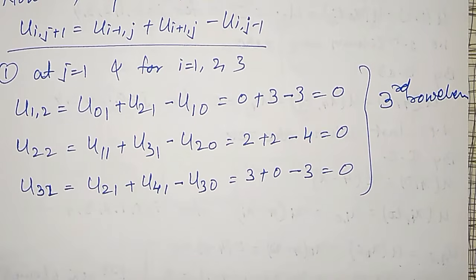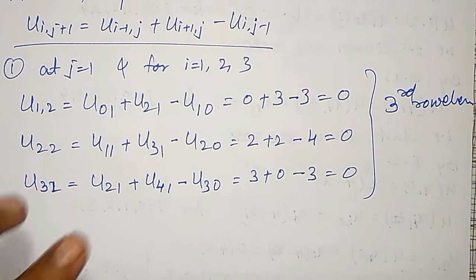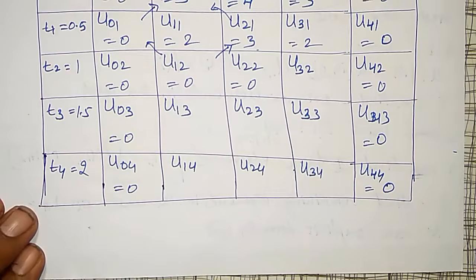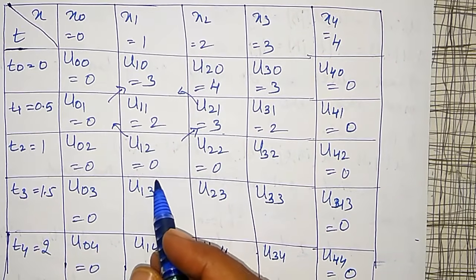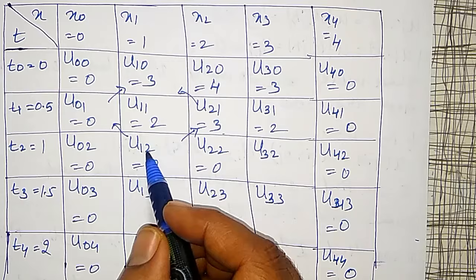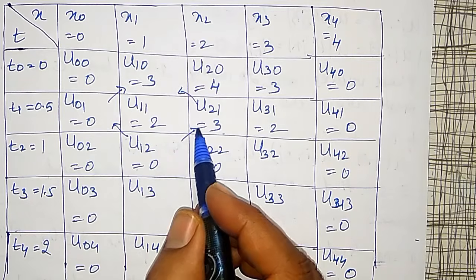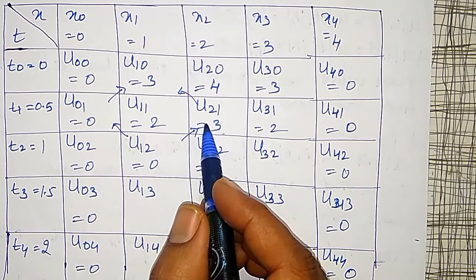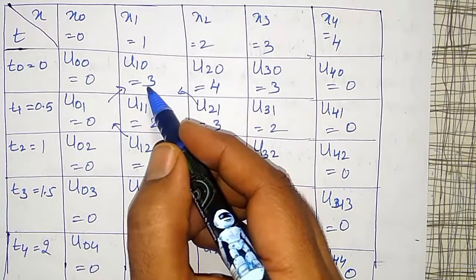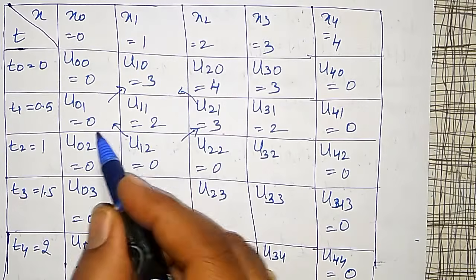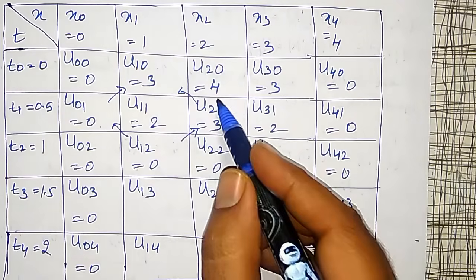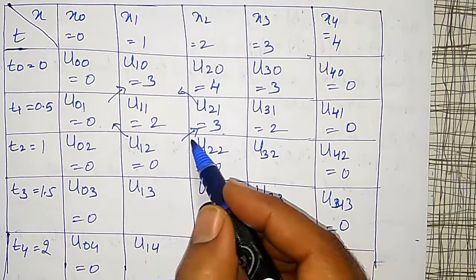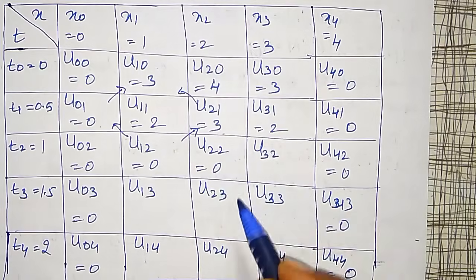Okay, like this mesh value, whatever I calculated, you can check here. I can also do it directly with the explicit formula using the table. That is, to find out u12, the diagonals of this, both sides are upper diagonals, and the diagonals of this one I calculated, sum minus that, 0 plus 3 minus 3, therefore it is 0. Like that, to find out this element, the diagonal 2 plus 2 minus 4 I have done.